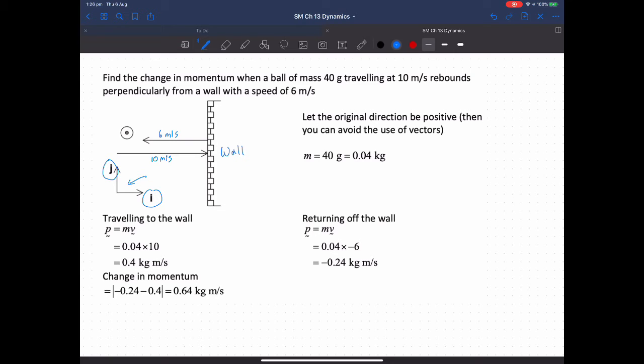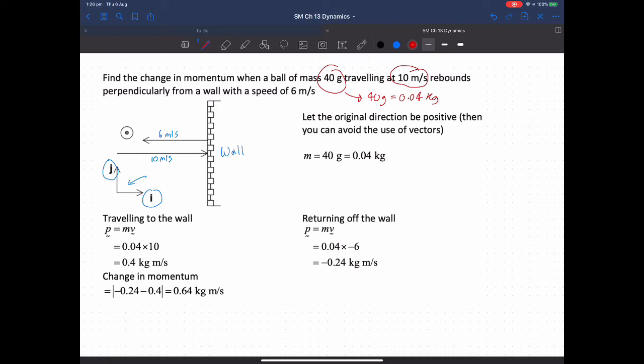So if we consider the journey travelling towards the wall, we are told the ball has a mass of 40 grams. Now remember, when we're working out momentum, we need to use our units in terms of kilograms. 40 grams is equal to 0.04 kilograms. And we're travelling towards the wall at 10 metres per second.